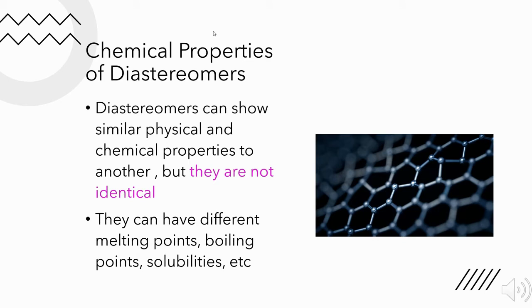They can have different physical properties, such as different melting points, boiling points, densities, and solubilities. Though diastereomers can show similar chemical properties, they will not show identical chemical properties. Diastereomers can also be separated from one another through techniques such as fractional crystallization, fractional distillation, or chromatography.